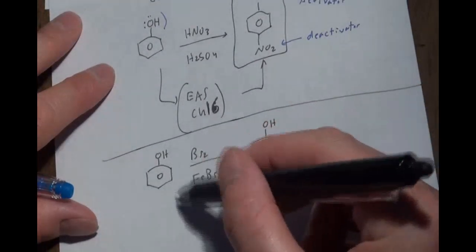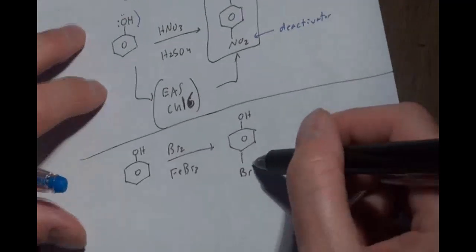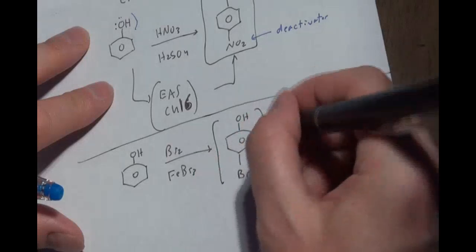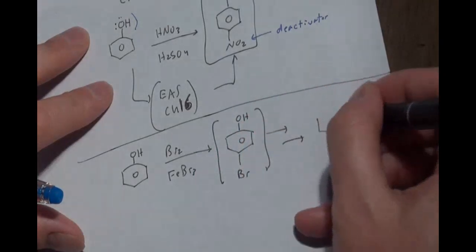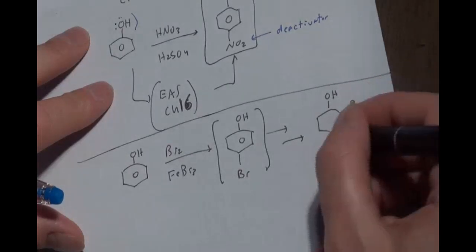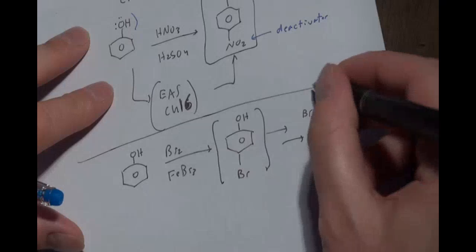It's an ortho-para director, right? And it attaches to the para position, but it only keeps going and going, so it doesn't stop. And you get this exhaustively brominated product.